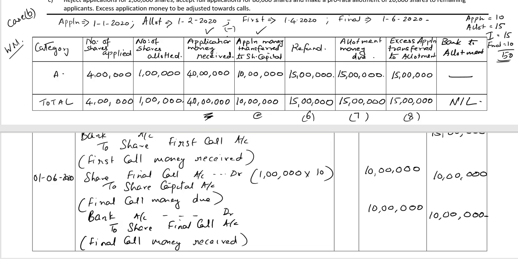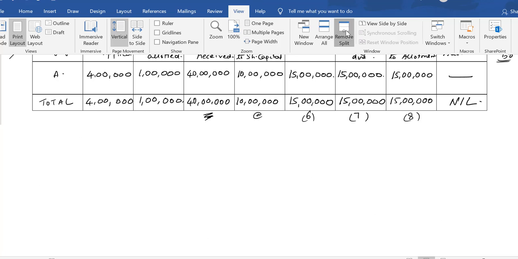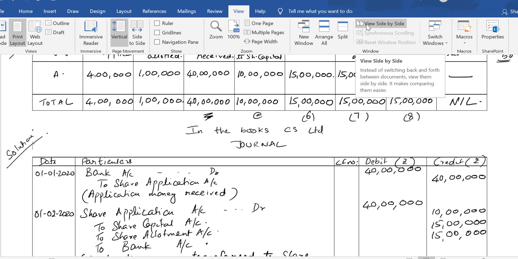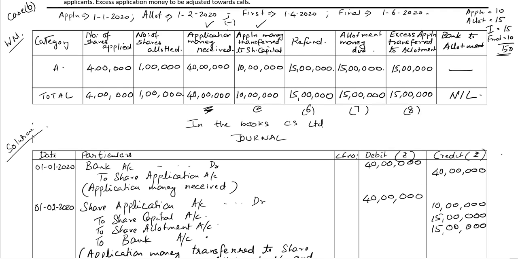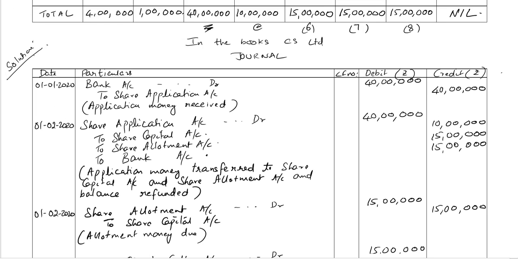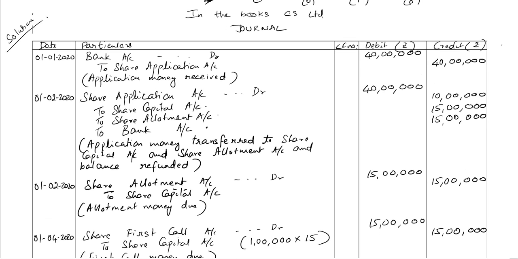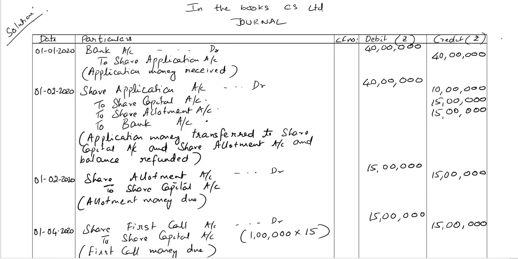So we've completed the journal entries. I'll remove the split. We can view all the journal entries at once. This is the first part of the journal entries.